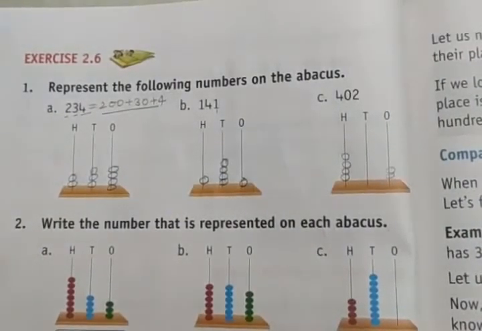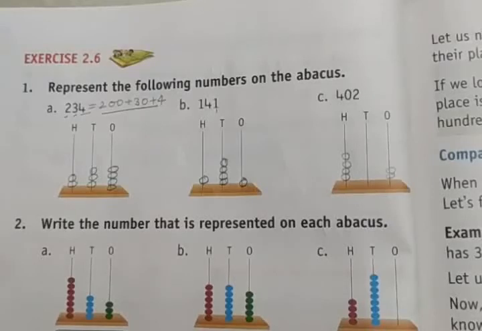Clear? 0 means nothing, no need to put any beads there. We just consider its place value. Now we read 402. In the tens place there is nothing, so no need to read anything there.